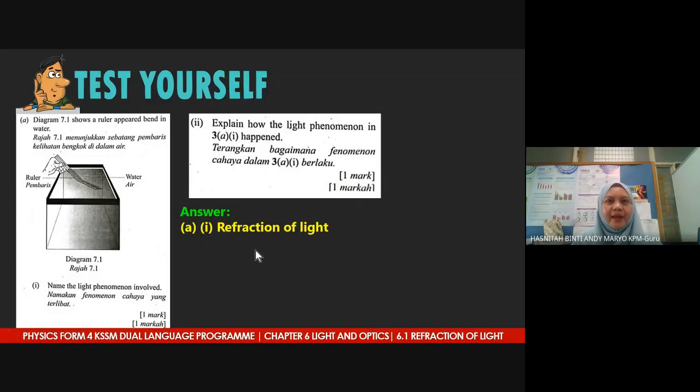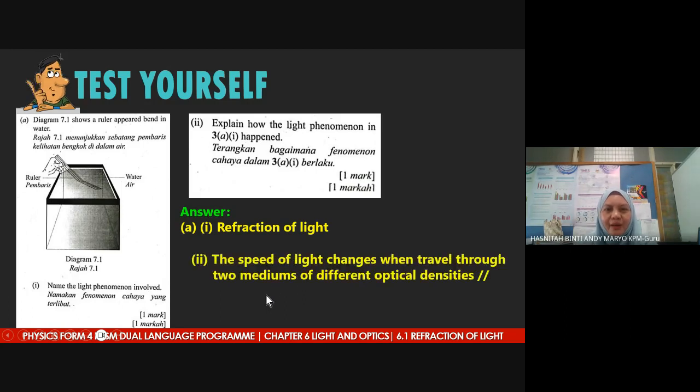Number one. And then explain how refraction occurs. How does the light phenomenon happen? What causes refraction to occur? We discussed it earlier. It is due to the speed of light changing when travelling through two mediums of different optical densities.